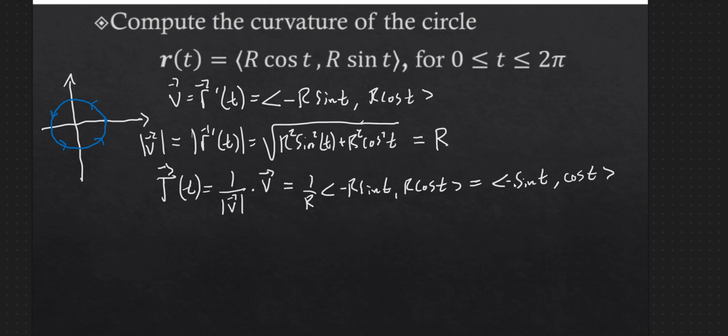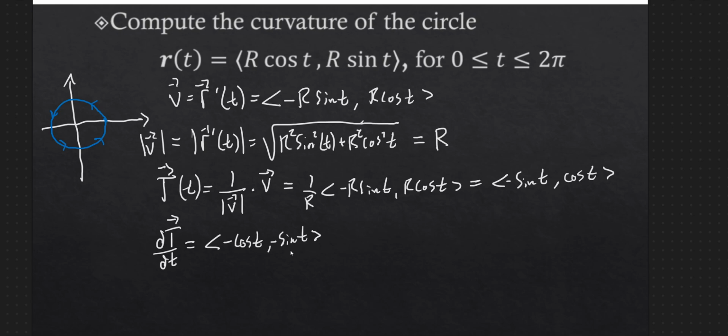So unit tangent vector, and now we can take a derivative of this with respect to time. How does this thing change with respect to time? It's a derivative of this quantity here. So that is minus cosine t, and then minus sine t. And remember, this is not quite the negative of r of t, right? Because we're not looking at acceleration, at which point we would get minus r, but we're looking at the derivative of the unit tangent vector, just how it's changing.